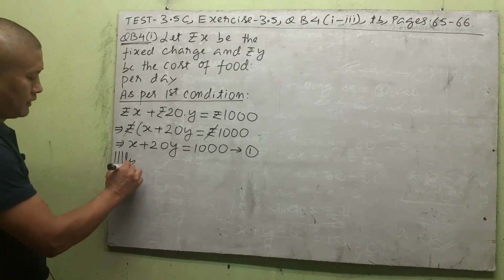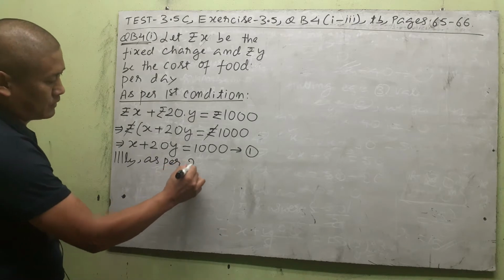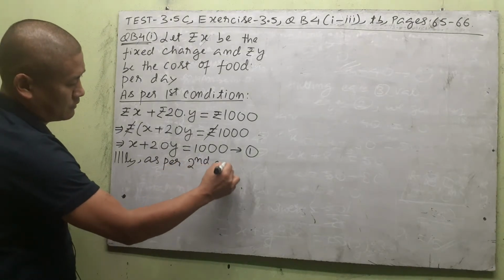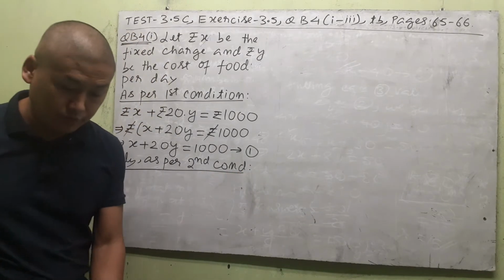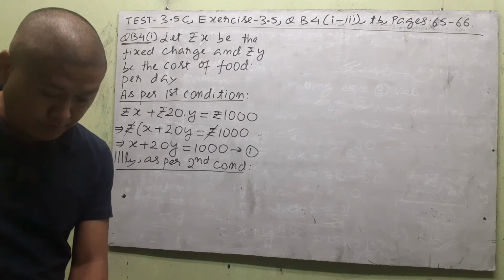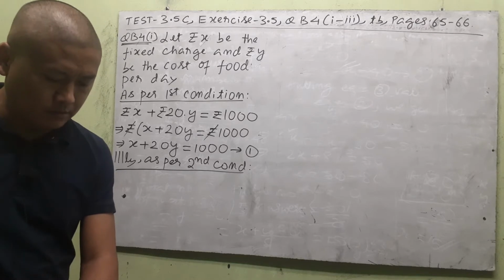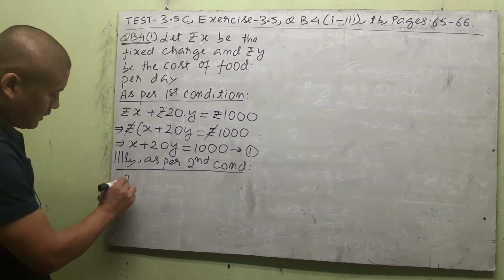Similarly, let us find out as per second condition. As per second condition, student B takes food for 26 days, and pays 1,180 rupees. So X is the fixed charge.